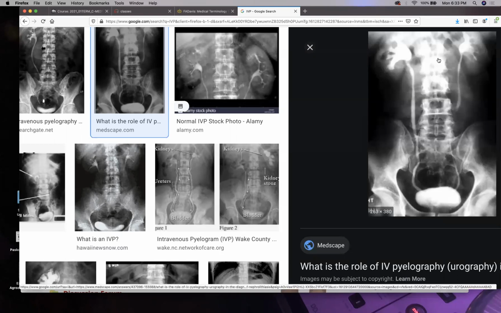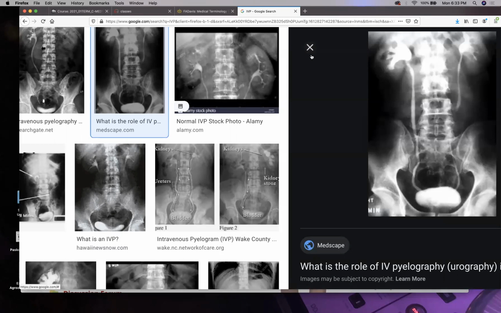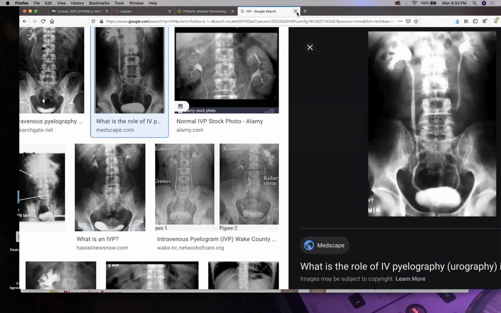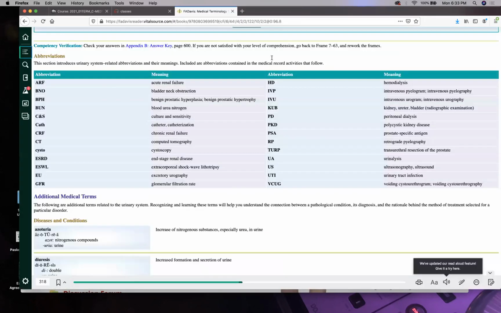The stuff we put in your blood intravenously makes your urine glow upon X-ray, and it makes it easier to visualize the kidney, ureter, and bladder, which is a KUB, and that's this thing right here, an X-ray or radiographic examination. Remember, the Department of Radiology, that's the place you do X-rays.